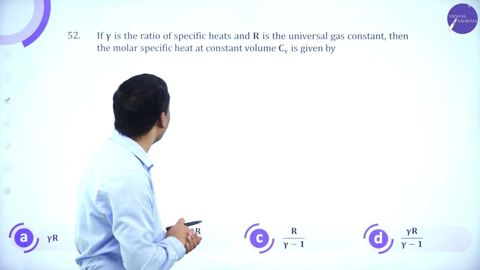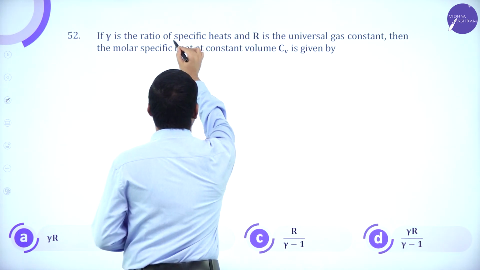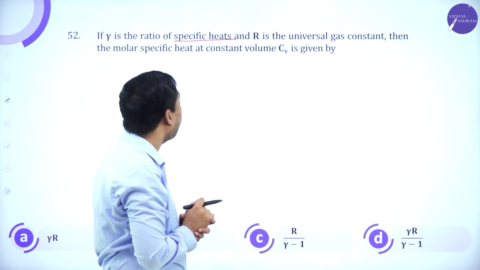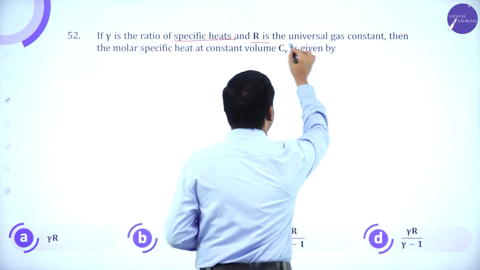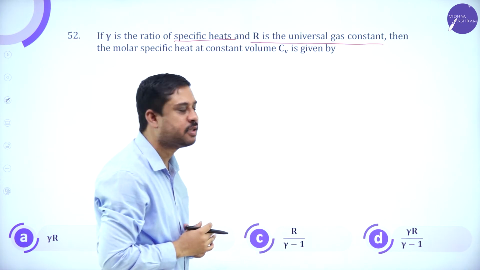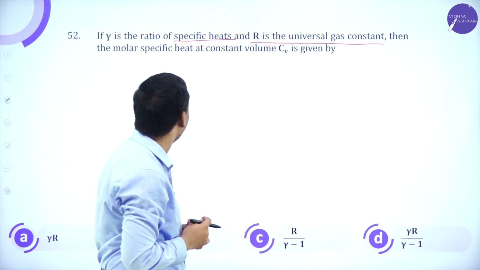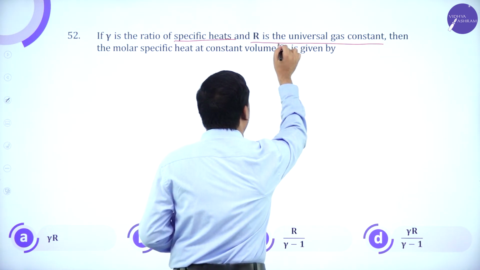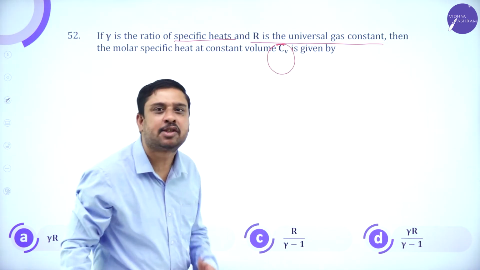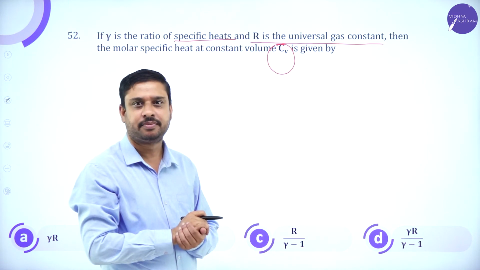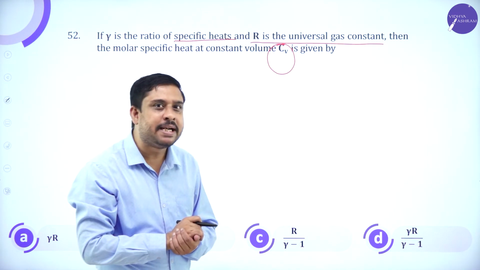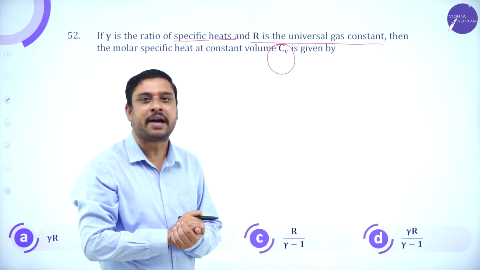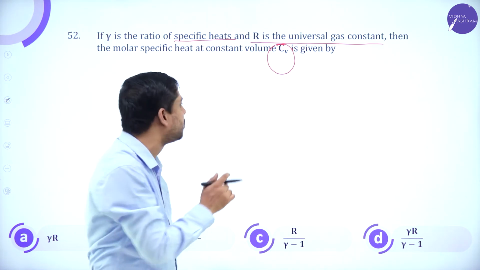The ratio of specific heats is gamma. R is universal gas constant. Then the molar specific heat at constant volume, Cv, has to be calculated. The moment I say specific heat, what comes to my picture?